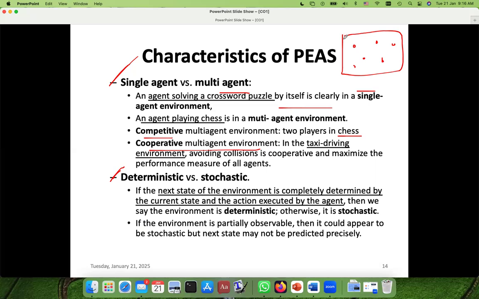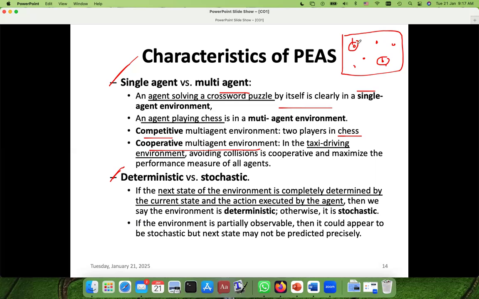Your agent has to drive from one part to another part, maybe from here to here, and all these other cities, including the starting point and the destination point, are states.